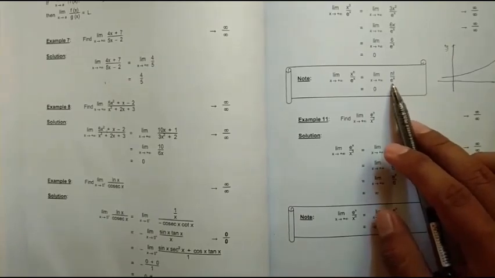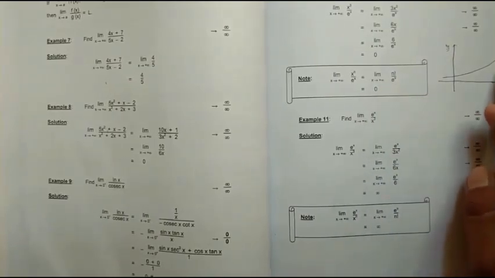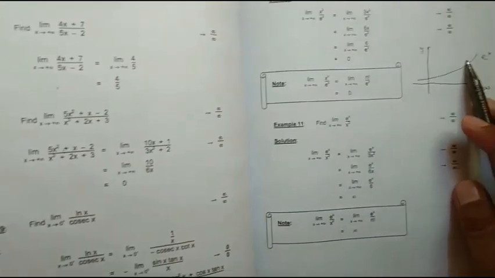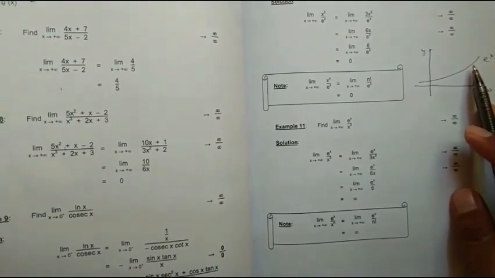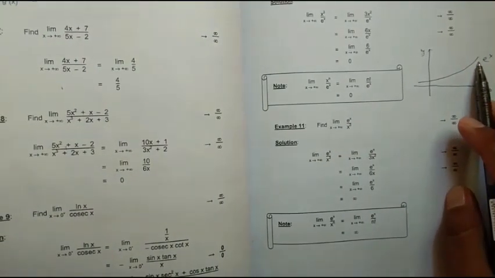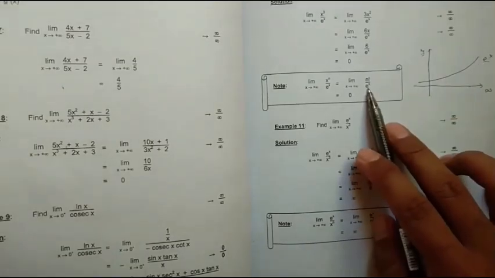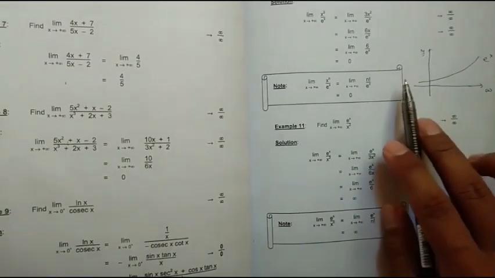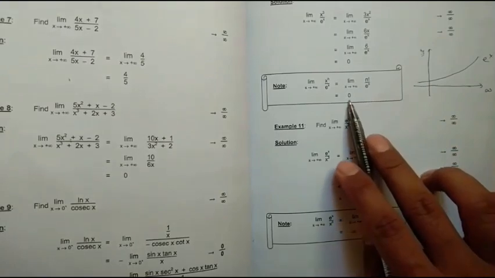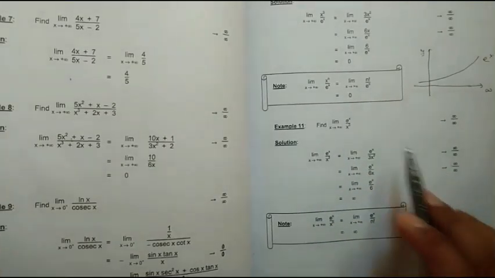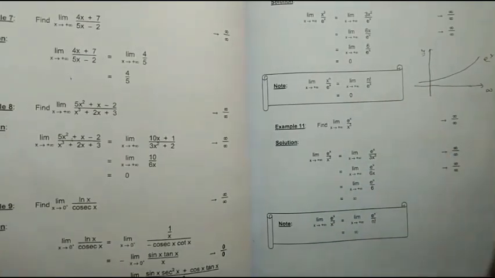Exponent x, exponent infinity, we get infinity. Can you see it? Okay, a bit bigger. We get infinity. Exponent infinity, we get infinity. So real number over infinity, we get 0. Okay, remember this. Real number over infinity, we get 0.